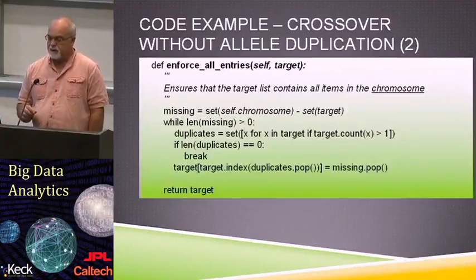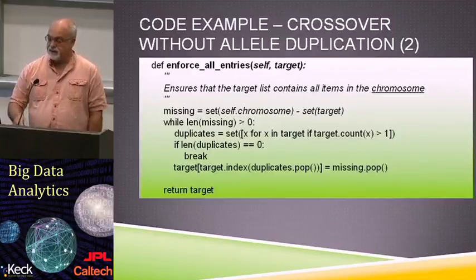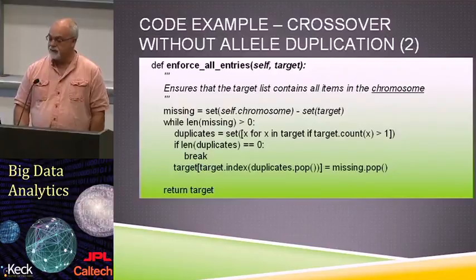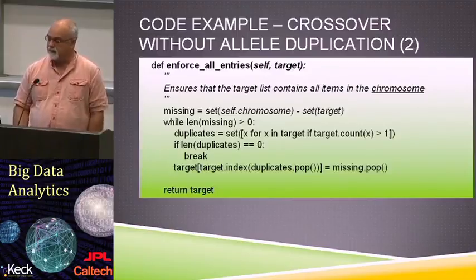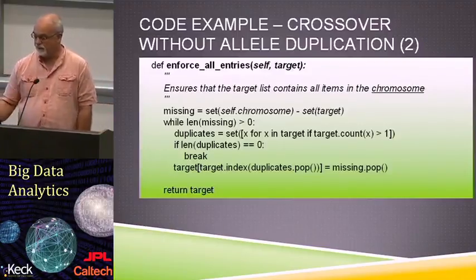This little piece of code shows how this is done in Python. We see some nice elements here, where you can use the set function to look at the set of alleles in the chromosome you've generated and the set of alleles in the target, to see if anything is missing. That's a convenient way of dealing with this problem.